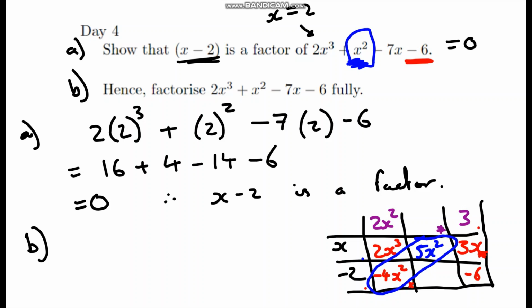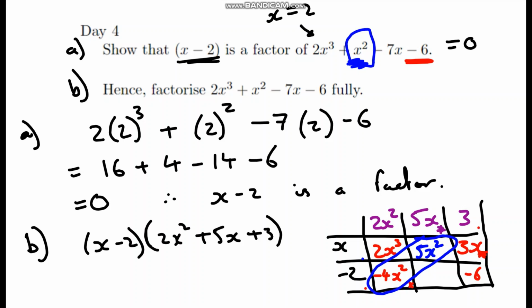What do we times by x to give me 5x squared? It's going to be 5x. So we now have got x take 2, bracket 2x squared plus 5x plus 3.